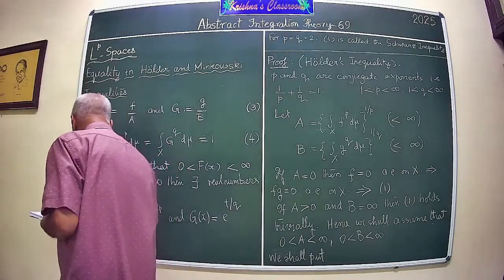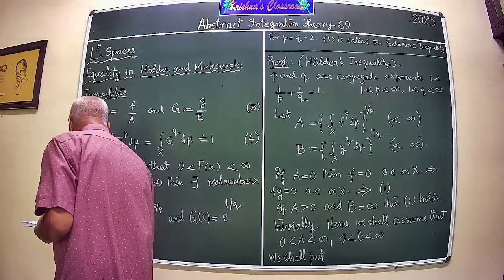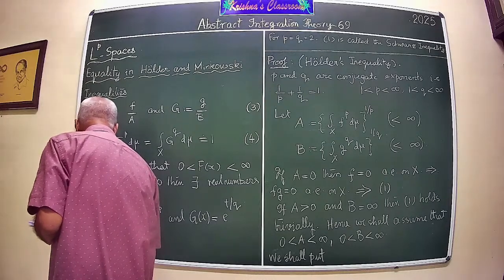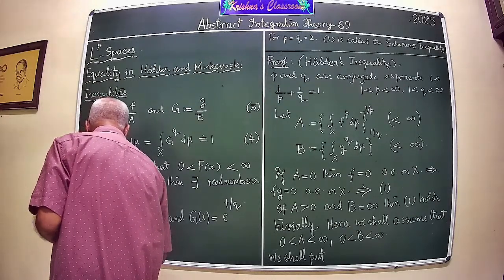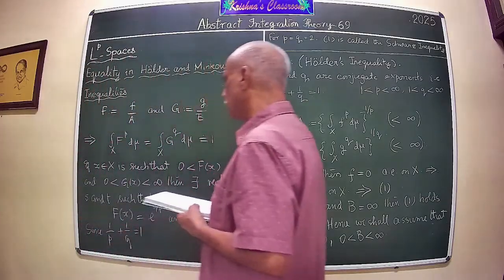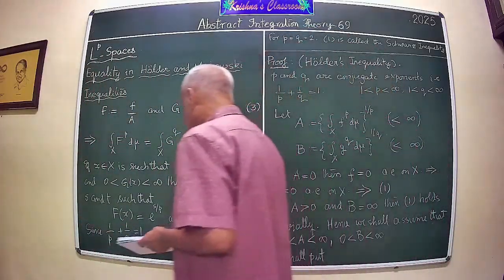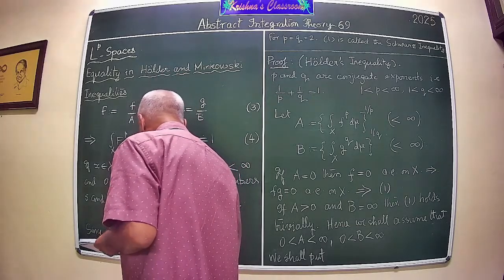Now 1 by p plus 1 by q equal to 1, that means p and q are conjugate exponents.